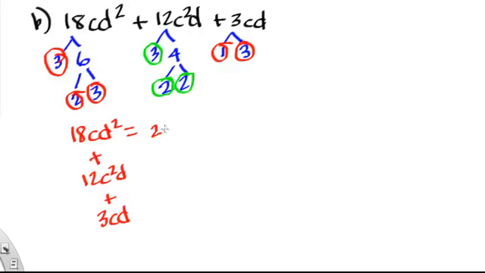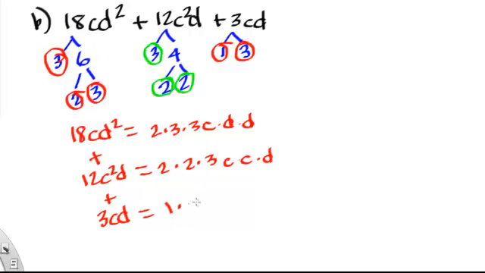Factors of 18cd squared: 2 times 3 times 3, and then I have a c, and d squared, which means d times d. Factors of 12c squared d are 2 times 2 times 3, c times c times d. And factors of 3cd are 1 times 3 times c times d. So I now identify what they have in common. They have a set of 3's in common.